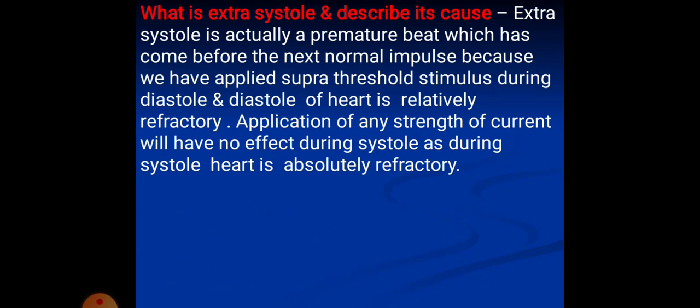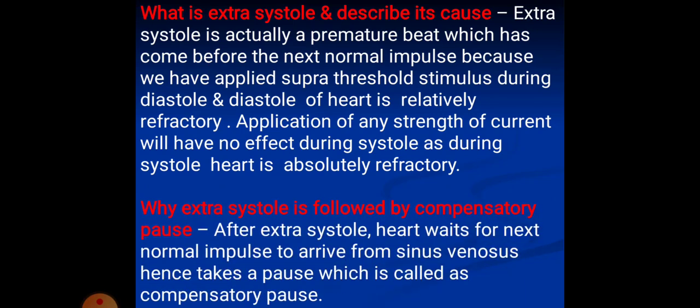If we apply a stronger stimulus in diastole, the graph shows a response, but any strength of current during systole does nothing. Why is extrasystole followed by a compensatory pause? After extrasystole, the heart waits for the next normal impulse to arrive from the sinus venosus, hence takes a pause, which is called a compensatory pause.